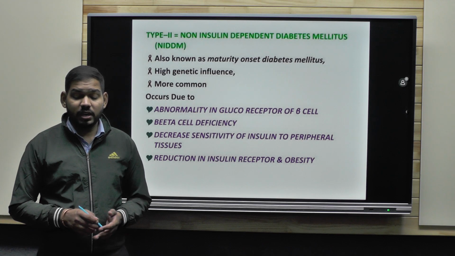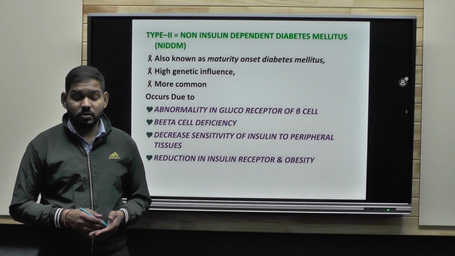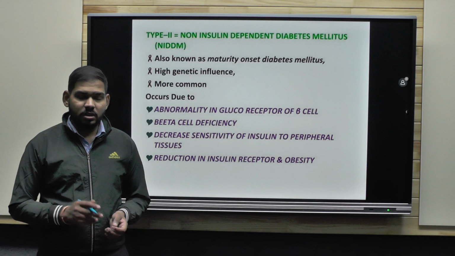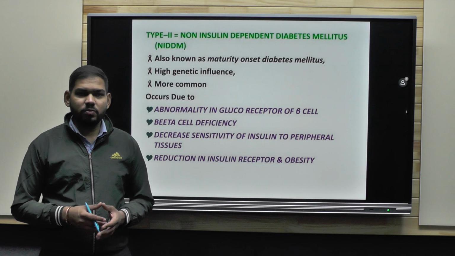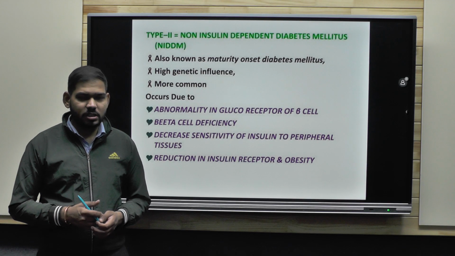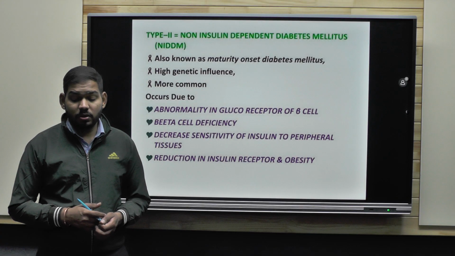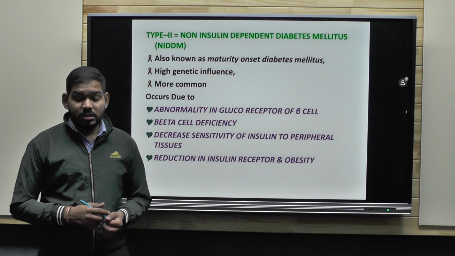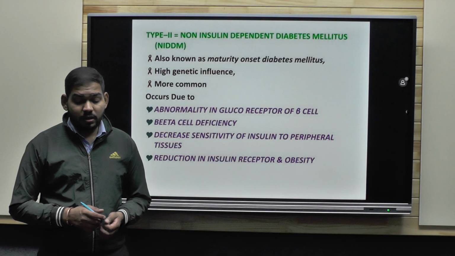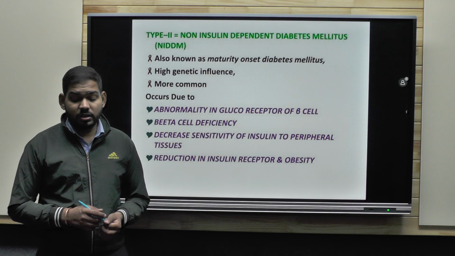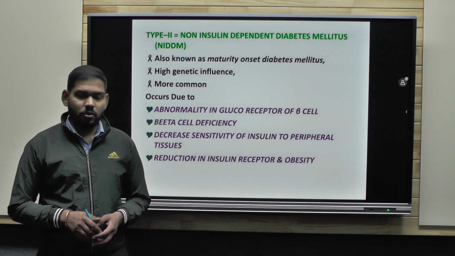It has high genetic influence also. It is one of the most common types of diabetes mellitus in the current scenario. This occurs due to abnormality in the glucoreceptor of the beta cells, deficiency, decreased sensitivity of peripheral tissue to insulin, reduction in insulin receptors, and obesity.